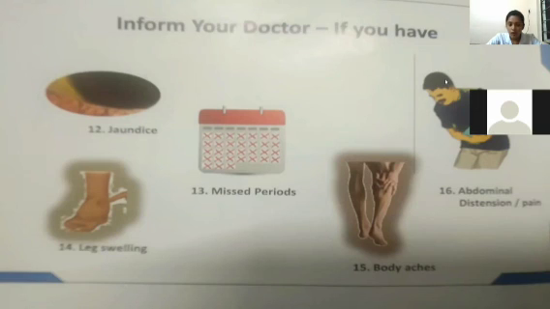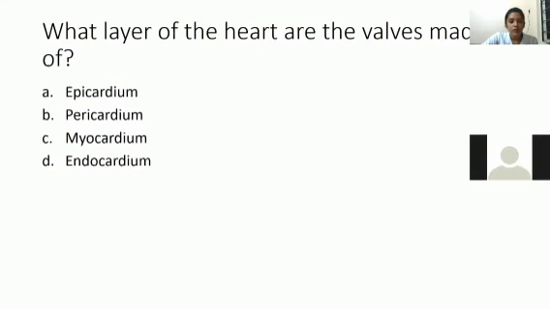But what layer of the heart are the valves made of? A, epicardium, B, pericardium, C, myocardium, and D, endocardium. Someone answer, let's see. C is myocardium?